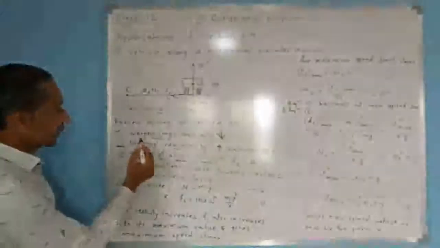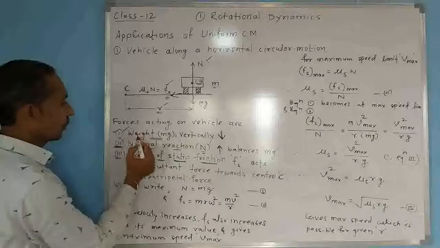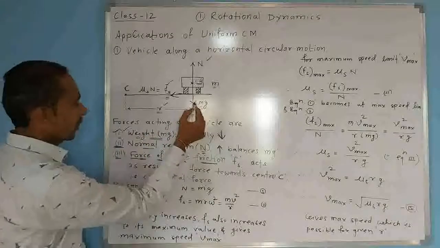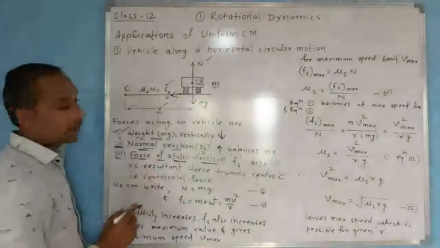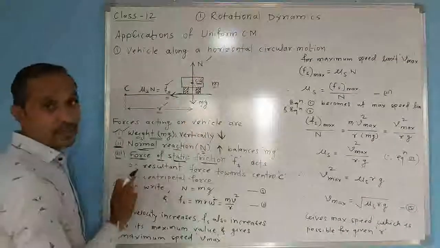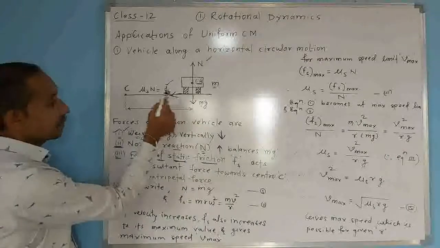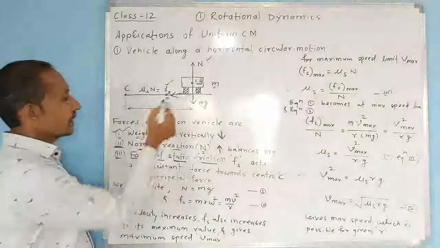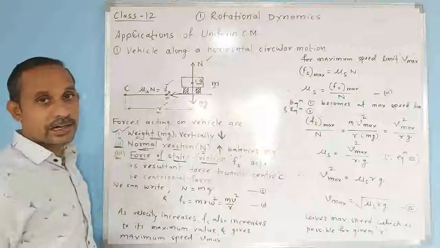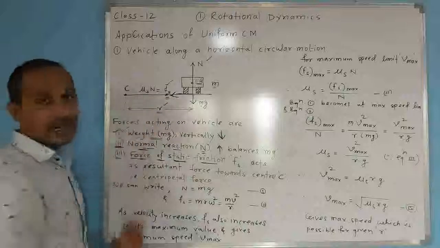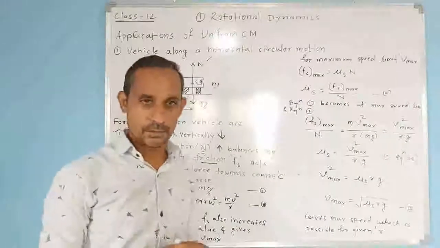So these are the three main forces. First, weight acting downward. Second, normal reaction acting vertically upward. Both balance each other, and the remaining force is the force of static friction. The force of static friction is directed towards the center of the circular track and acts as the centripetal force.